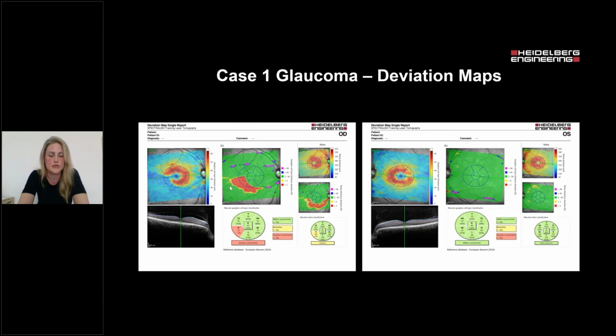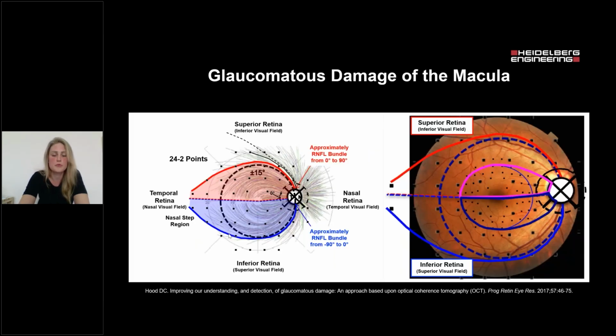So our patient showed thinning of macular ganglion cells in the temporal inferior quadrant sector of the right eye, corresponding to the macular vulnerability zone. So can we relate local macular ganglion cell layer thickness to local functional loss?